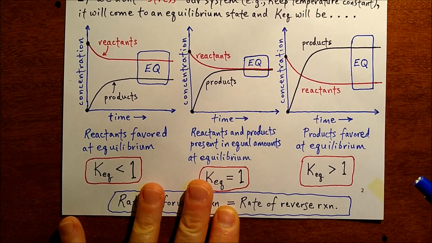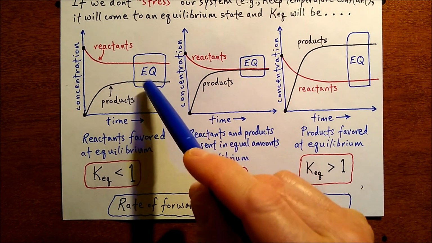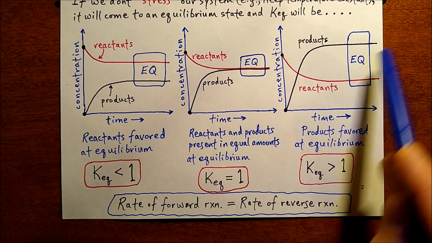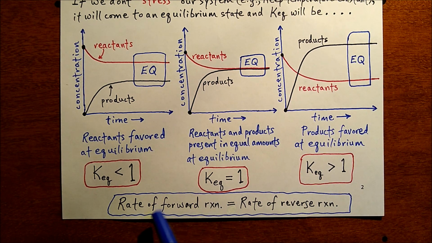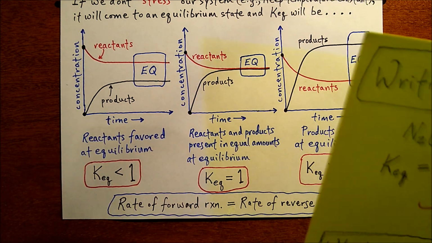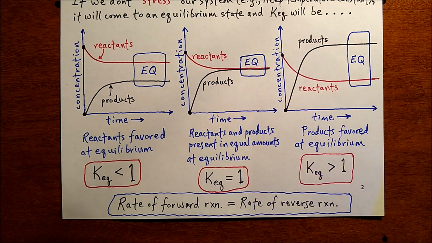But in all three cases, what's been achieved at this point is that the change in concentration with time is constant. It's a horizontal line. That is a constant rate, we say. So the rate of the forward reaction equals the rate of the reverse reaction. And we're going to talk a little bit about each particular situation.